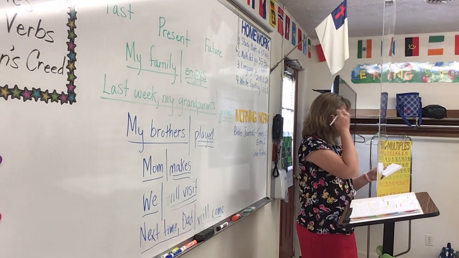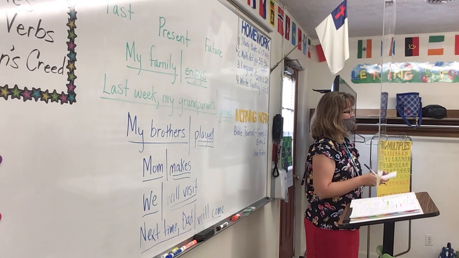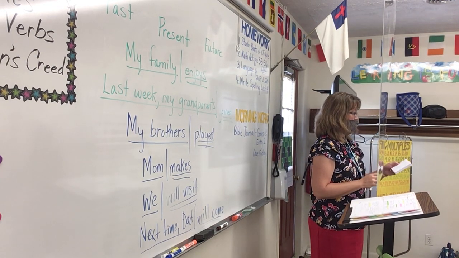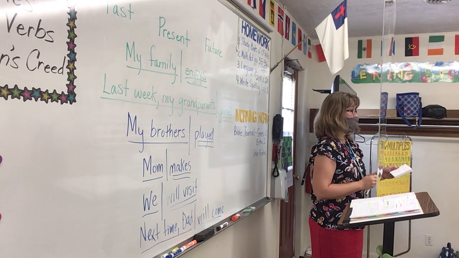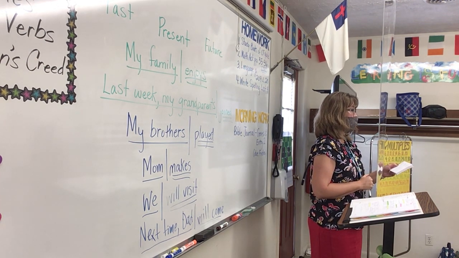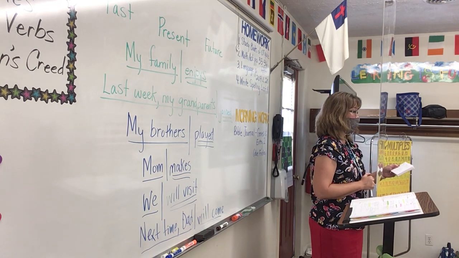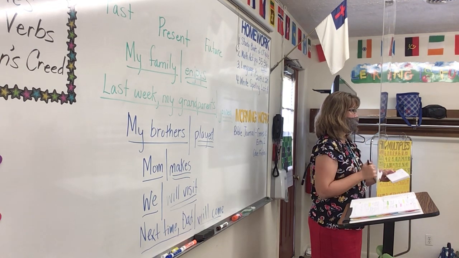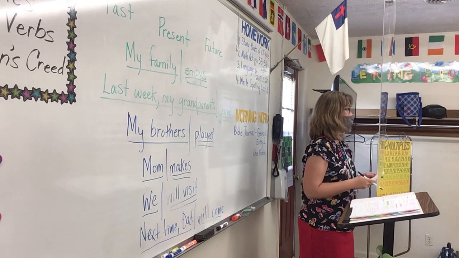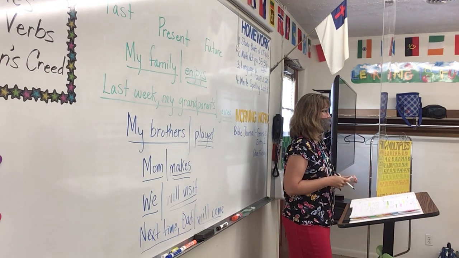Okay. 8 times 4 minus 7 minus 3 equals. Six.